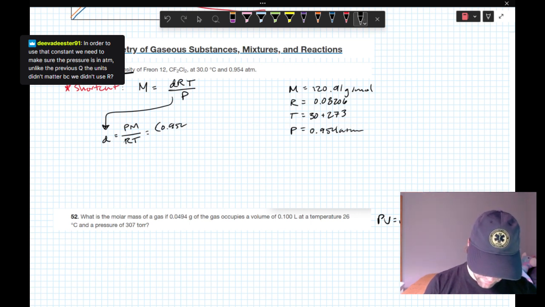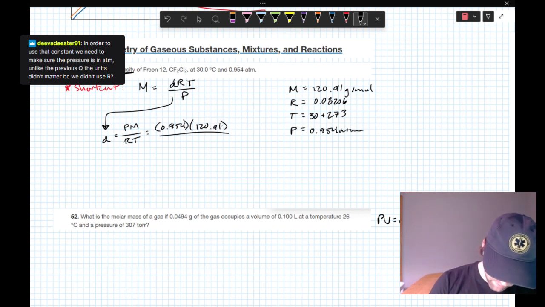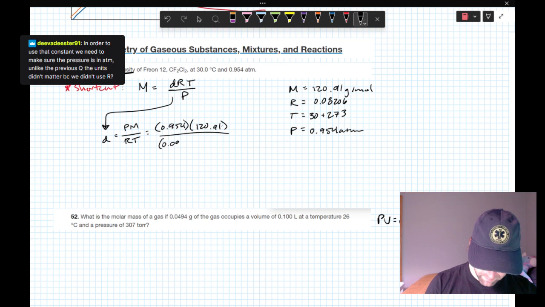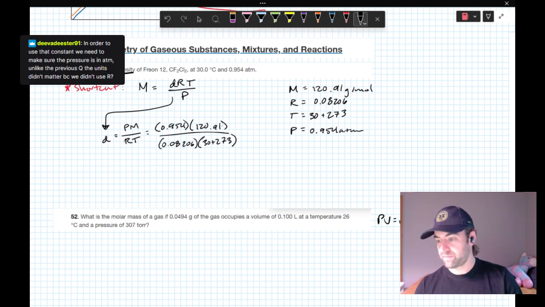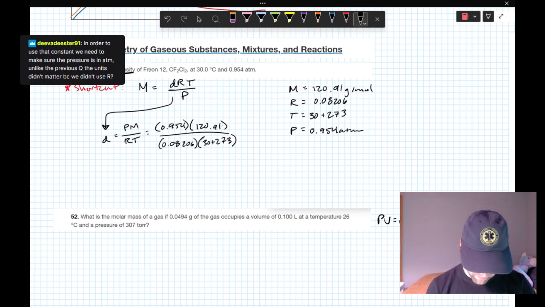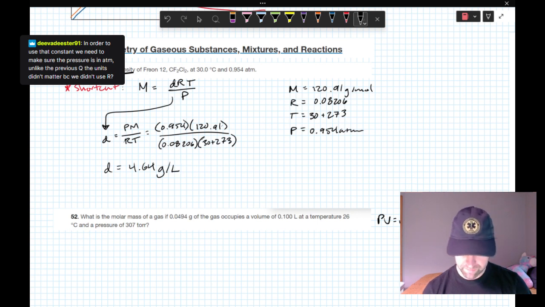So pressure, molar mass, gas constant, temperature. Multiply those out, and you should get a density of 4.64 grams per liter.